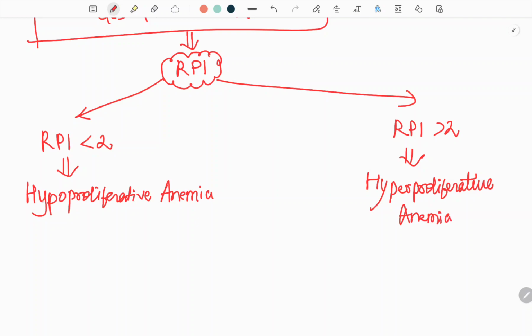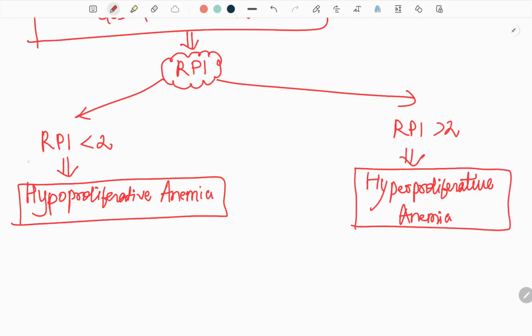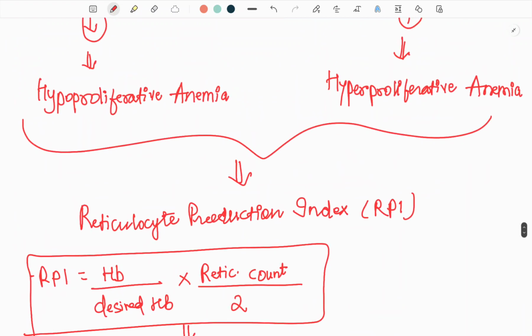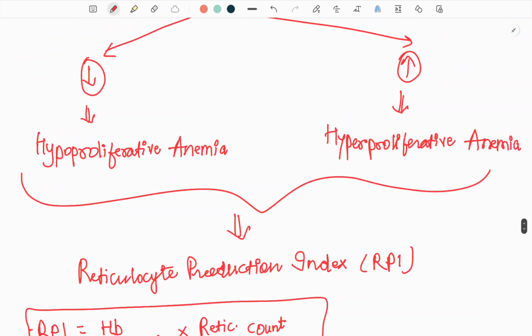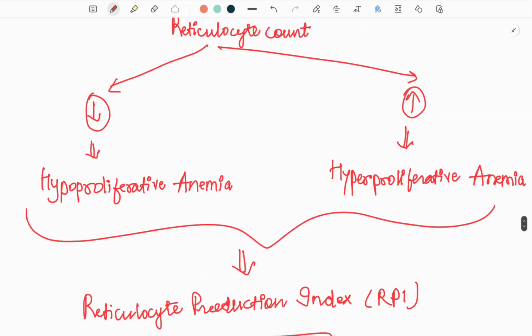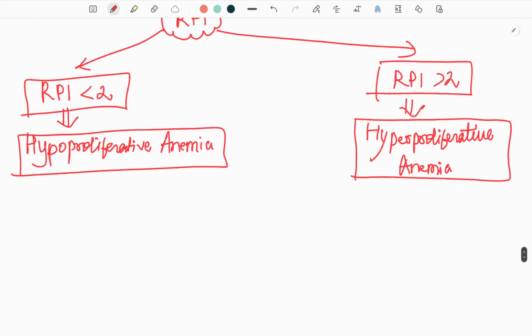Fine. Retic count less than 2, hypoproliferative. Retic count more than 2, hyperproliferative. Retic count at a lesser level, it is known as hypoproliferative. Retic count at a higher level, it is known as hyperproliferative. Both ways we have seen.